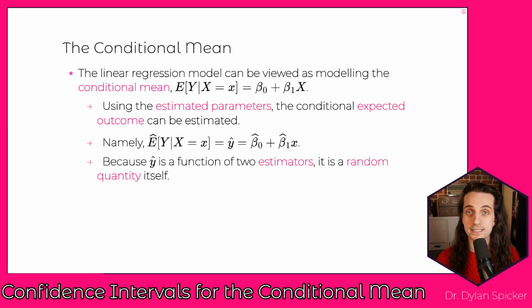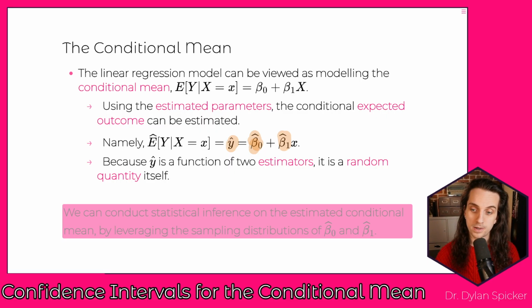Now, because y hat is itself a function of two estimators, specifically of beta hat 0 and beta hat 1, it's a function of two random quantities, so it also has to be random, right? Y hat is going to be random based on the distributions of beta hat 0 and beta hat 1.